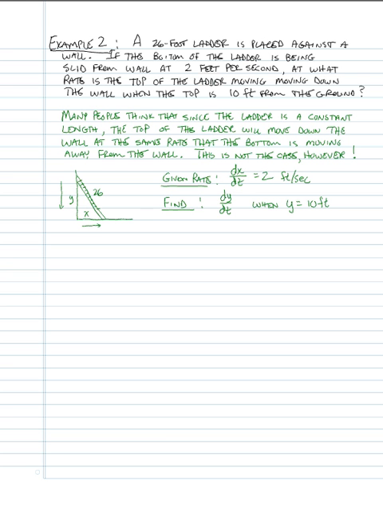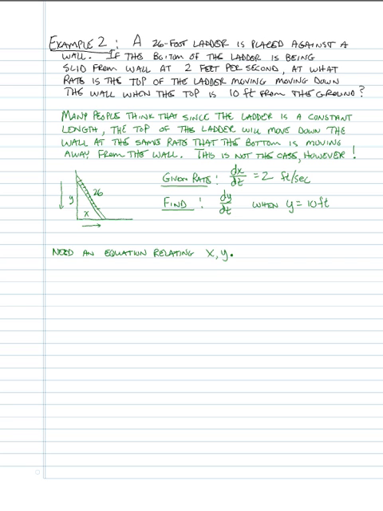So we have two variables, x and y. We need an equation. That's the next thing we do. We need an equation relating x and y. Those are the rates that we need to know about, but we need an equation that involves the variables x and y.